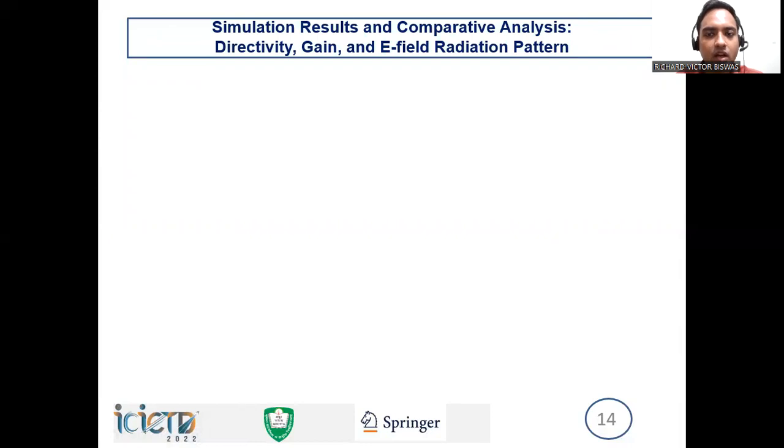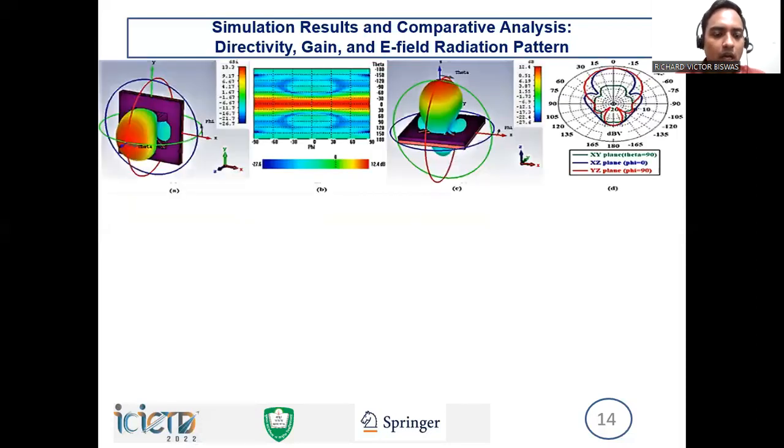Simulation results and comparative analysis: directivity, gain, and E-field radiation pattern. The 3D far-field directivity of the proposed nanoantenna is demonstrated in figure A, where a maximum directivity of 13.3 dBi has been obtained.